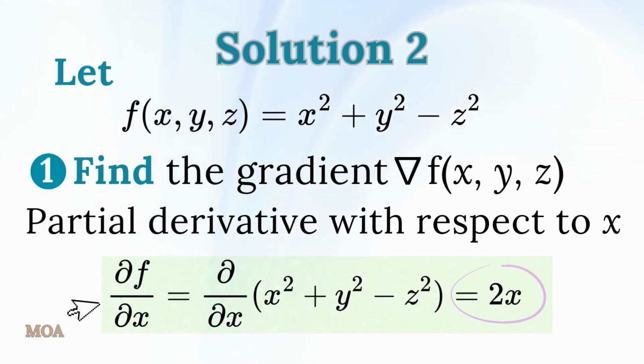This means the partial derivative of f with respect to x is the derivative of x squared plus y squared minus z squared with respect to x. Since y and z are both considered constant, their derivatives give 0. Therefore, the partial derivative of f with respect to x equals 2x.